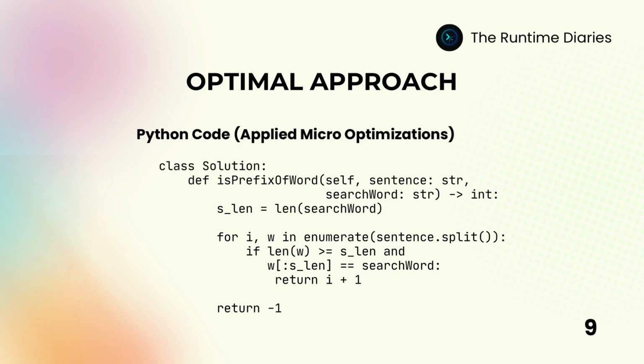If it is, you compare the first few characters of the word directly to the search word using a slice. This avoids the overhead of the startswith method and avoids unnecessary slice allocations. This is a small optimization, but it's a good example of how you can shave micro costs in a tight loop when you understand what's happening under the hood.